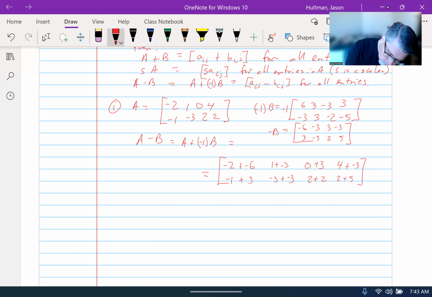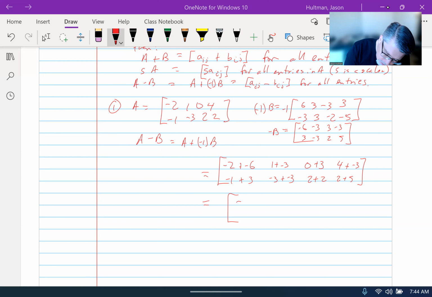And so my resulting matrix is a 2 by 4 matrix. Okay, I started off with two 2 by 4 matrices, A and B, and I end up with a 2 by 4 matrix. Same size, 2 by 4 meaning 2 rows and 4 columns.